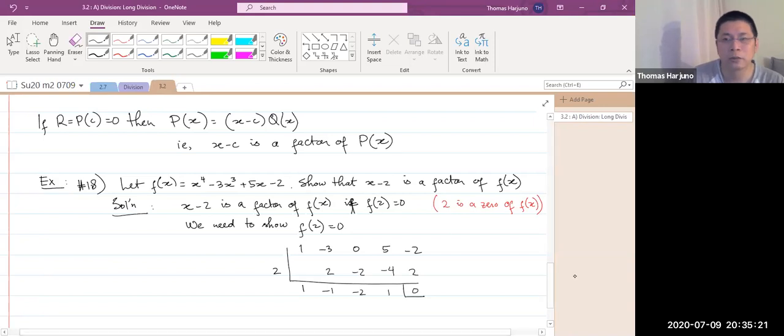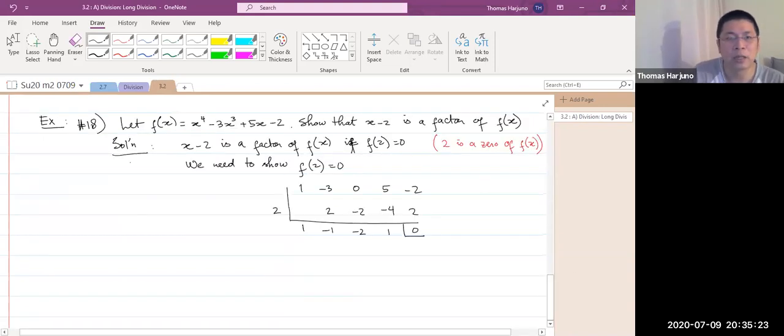So here, basically by remainder theorem, the remainder is 0, right? The remainder is 0. Therefore, f(2) is also equal to 0.